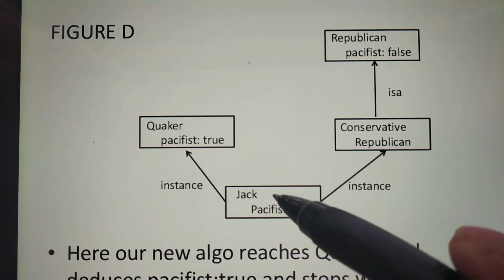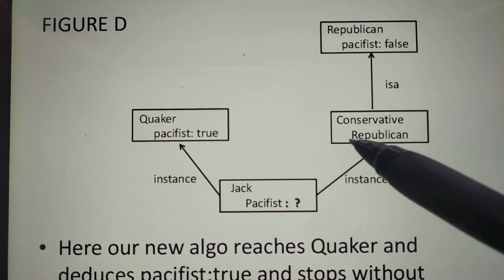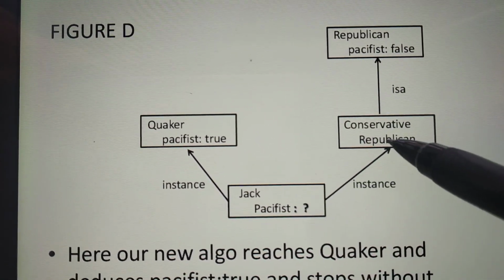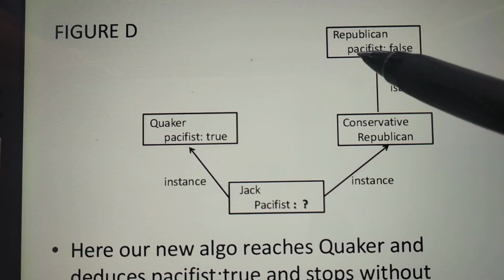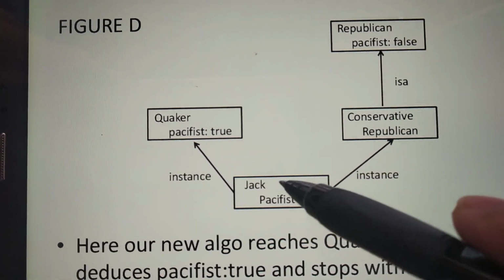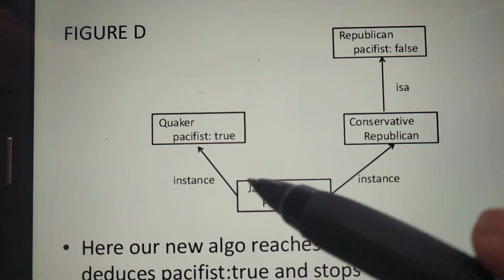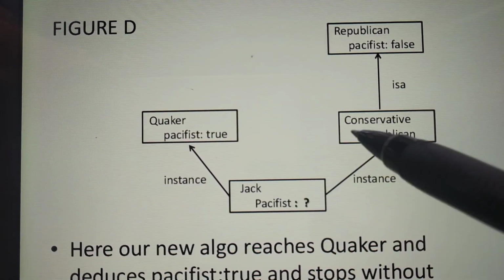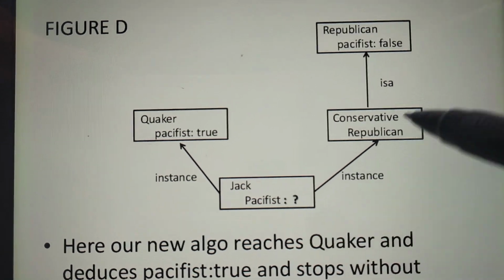But it fails to realize that further down the line there is also a contradiction. Since Jack is also a conservative Republican and Republicans are not pacifist, it just ignores that fact. It fails to determine that somewhere down the line later on there is a contradiction.